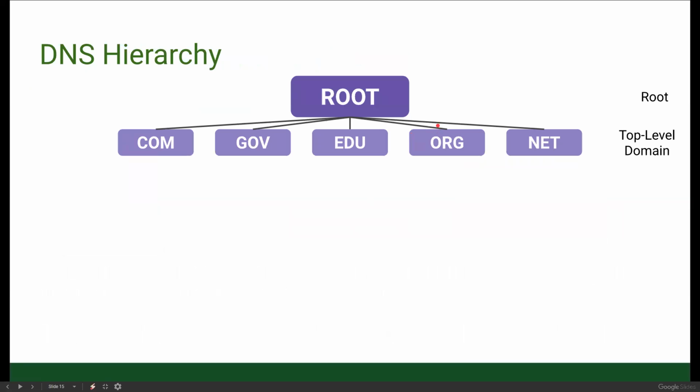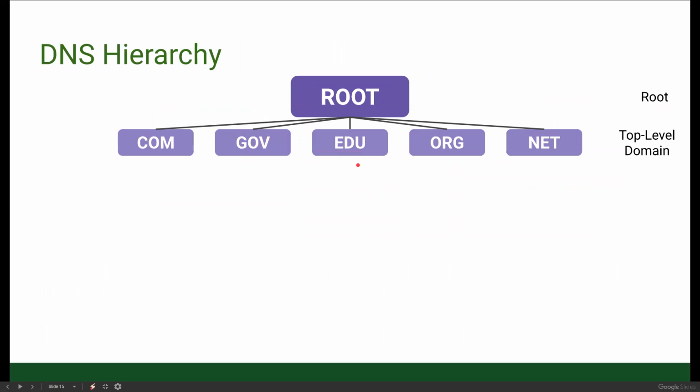And DNS is a hierarchical structure. So the very top level is the root. There are root servers basically all over the world, and their only job is to remember where these top level domain servers are. So where is the com server? Where's the gov server? Where's the edu server?